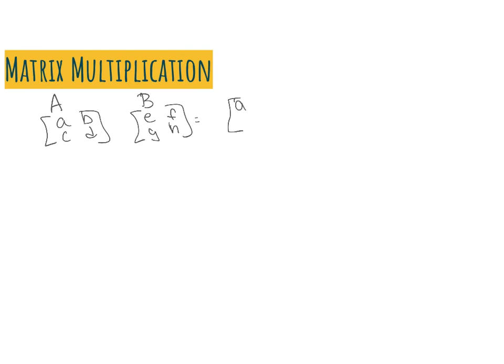So the first entry would have been AE plus BG. The first row, second column would have been AF plus BH. Second row, first column would be CE plus DG. And the second row, second column entry would be CF plus DH.